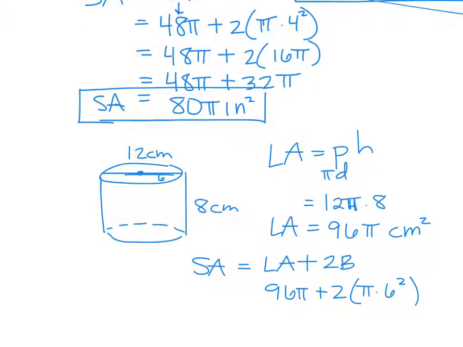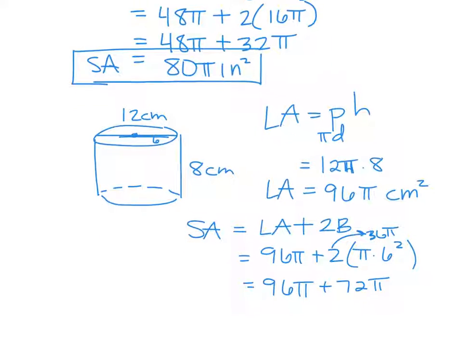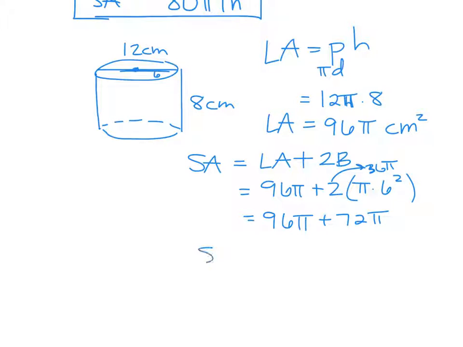So this is 36 pi, right? But you have to multiply that by 2. So it's 96 pi plus, what's 36 times 2? 72 pi. So if you plug that in, your surface area is 168 times pi centimeters squared.